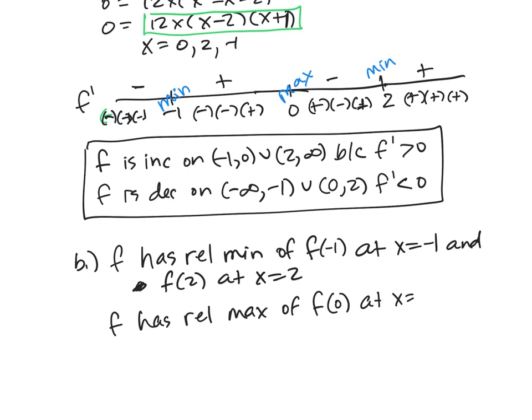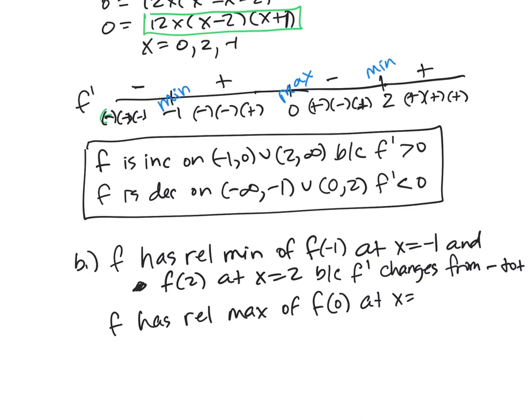Oh, oops, I forgot to give my justification on part B. I apologize. Let me go back. We didn't finish. I told you where the mins happen, but we need to give a justification. Why do we have mins there? Because what does f prime do? It changes from negative to positive, and here, negative to positive. So let's finish that. Sorry about that. So we have f has a relative min at x equals -1 and x equals 2, because f prime changes from negative to positive.